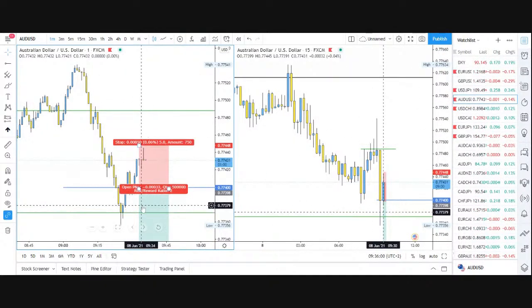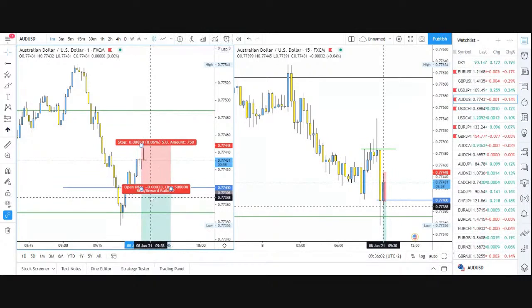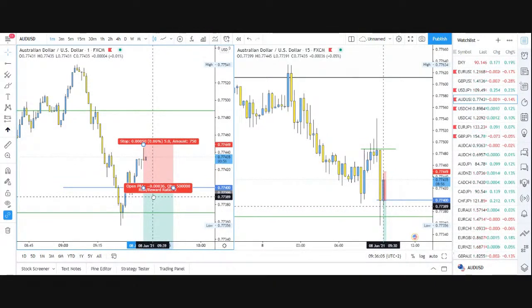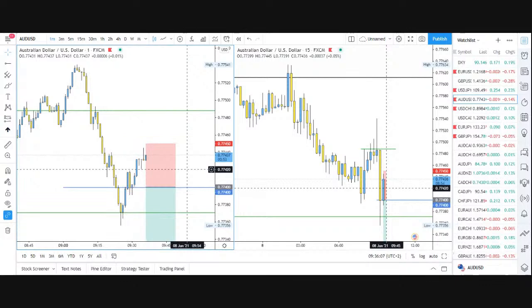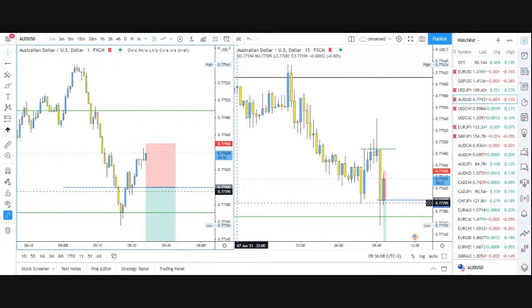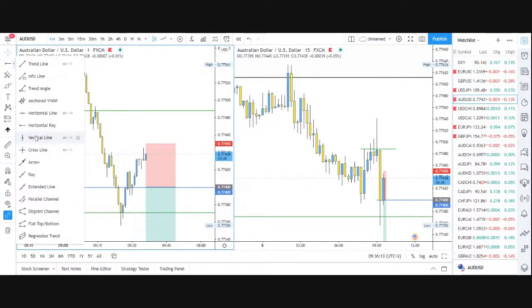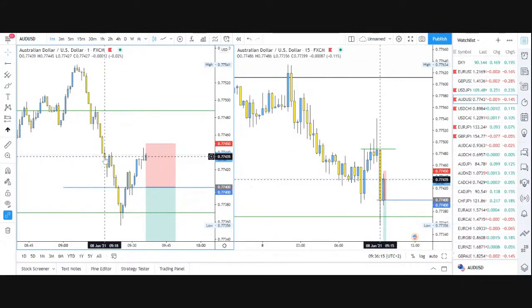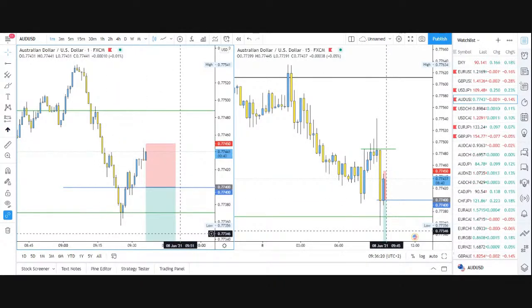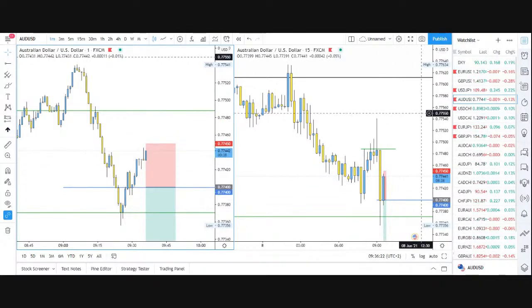AUD USD is looking quite nice with that 5 pip stop. If I go in at 400, it's looking quite nice, quite clean too. So you can see this right here would be our key level in the market. We will then be respecting that level. Let's see how this 1 minute looks first.